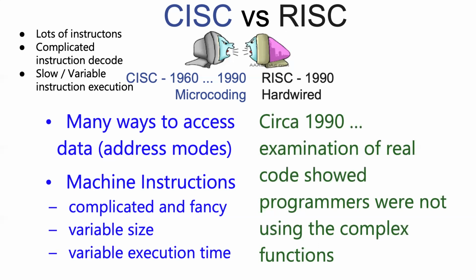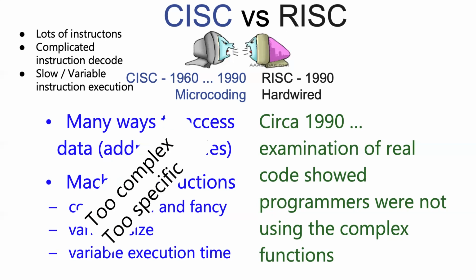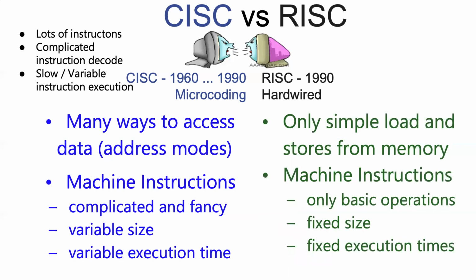And if they didn't get used that much, then they're kind of wasting space on the microprocessor. They're kind of wasting power whenever that microprocessor is running, if it's got big sections of the processor that it's not using. So the argument might be that some of the complexity of the design of a CISC processor and some of those specific instructions were just wasting space on the microprocessor.